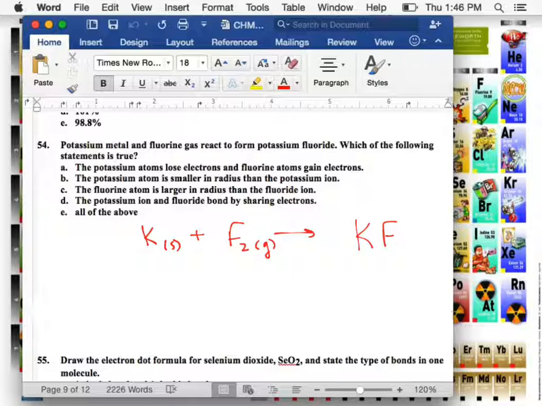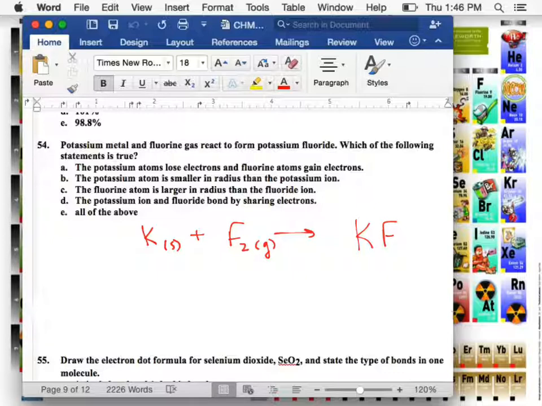I hope I don't get tested on that, but we'll see. Okay. I need to make sure that I predict the product correctly. The charge on potassium, a +1. The charge on fluoride, -1. My formula is correct. If I wanted to watch out for balancing, I haven't balanced it yet, and I could go back through and balance it, but at this point, I've done enough quick work that I think I can go through and answer the question.